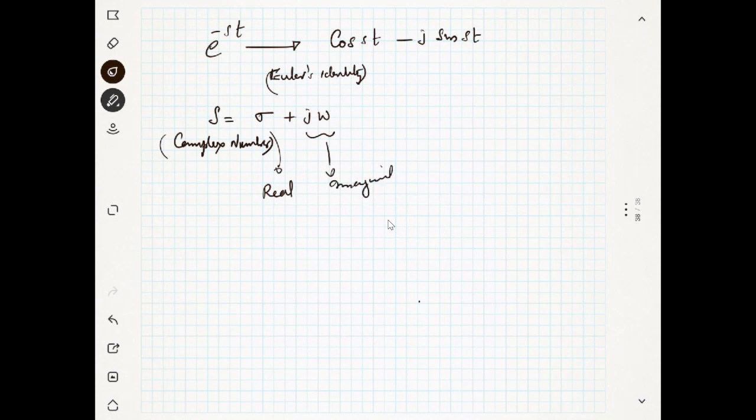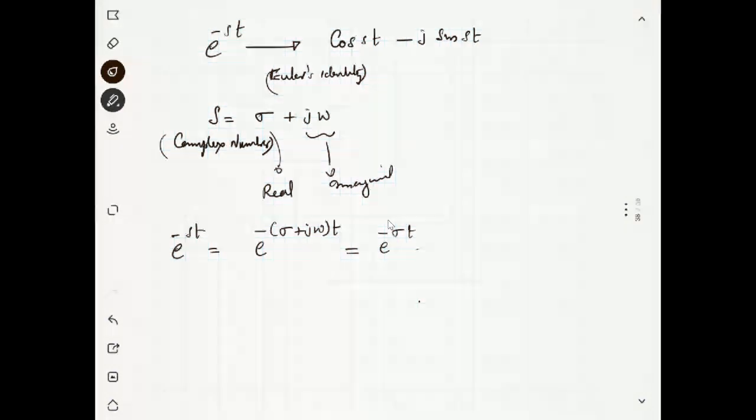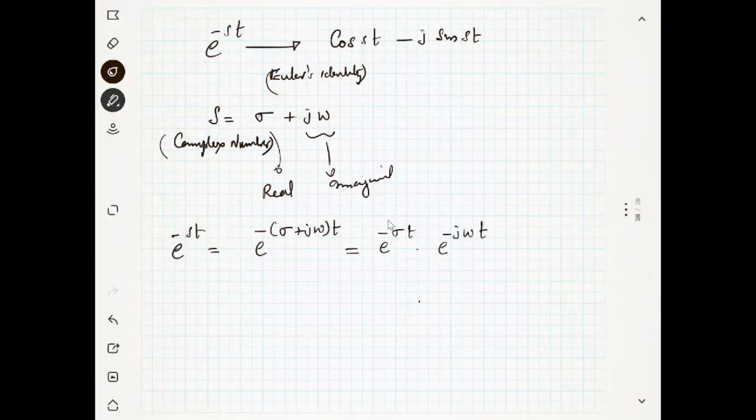So you can represent e power minus st as e power minus (sigma plus j omega) t, which is e power minus sigma t multiplied with e power minus j omega t.